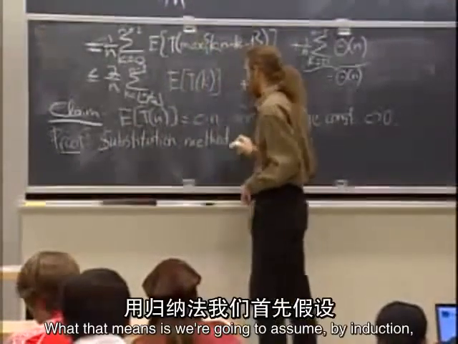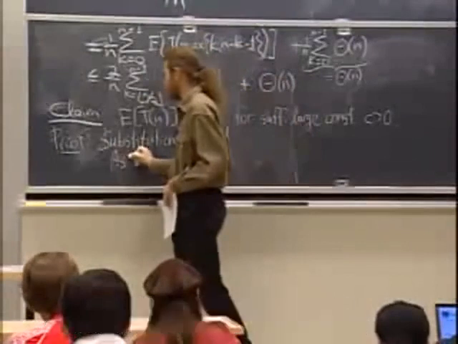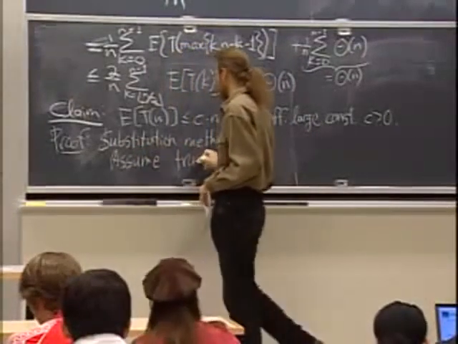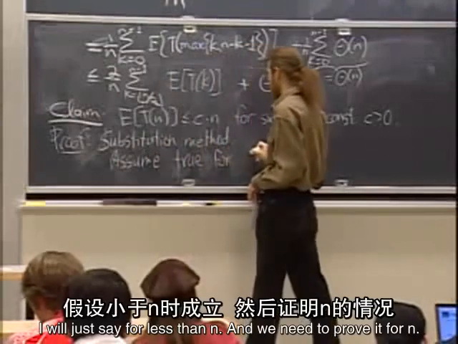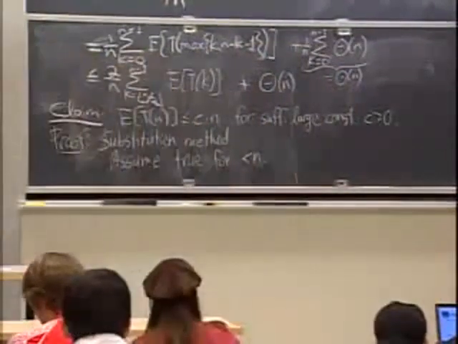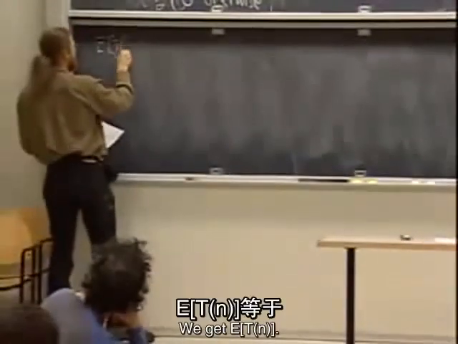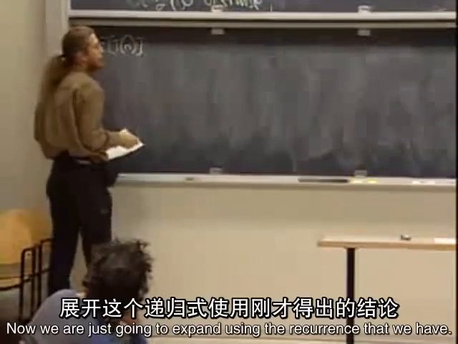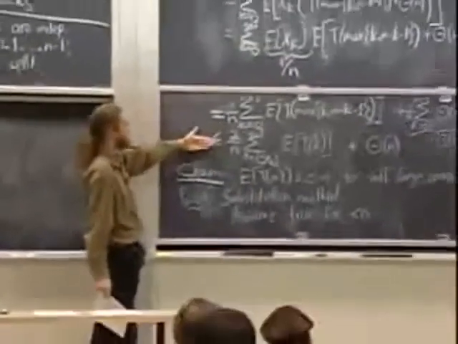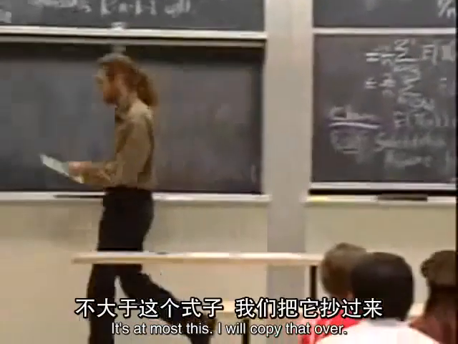So what that means is we're going to assume by induction that this inequality is true for all smaller n, so for less than n. And we need to prove it for n. So we get E of T of n. Now, we're just going to expand using the recurrence that we have. It's at most this. So copy that over.